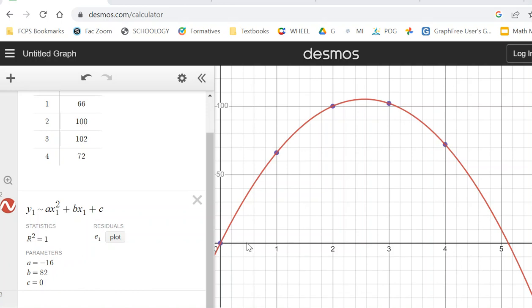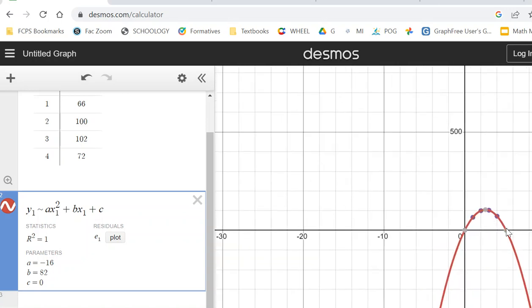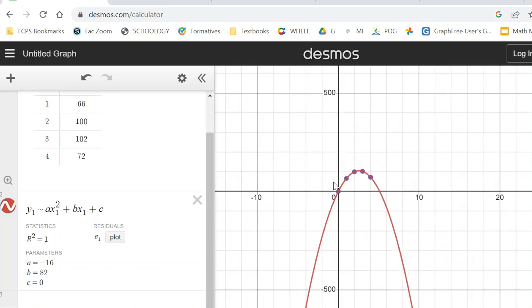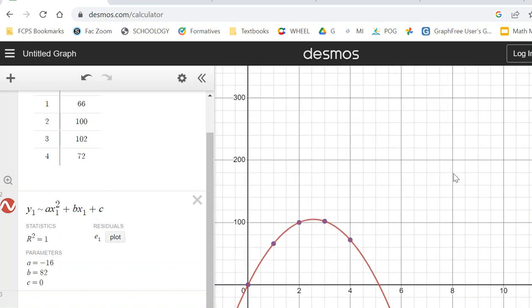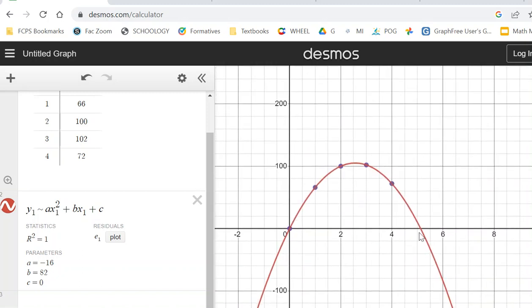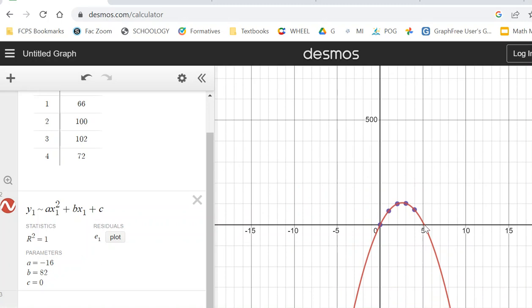And then I'm going to try to figure out what happens if time is 5 seconds. So this time I'm going to look right here. Time is 5 seconds. What is my x? If I click right there, hold on. If I move my graph and make it bigger and move it so that we can see time is 5 seconds right here.